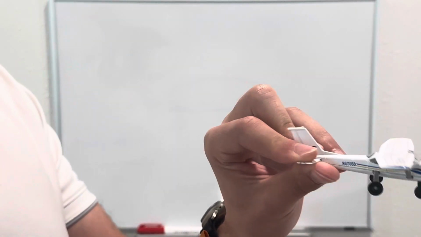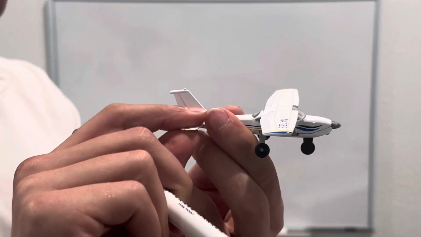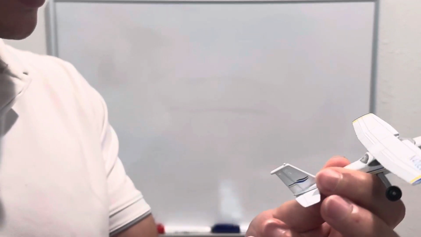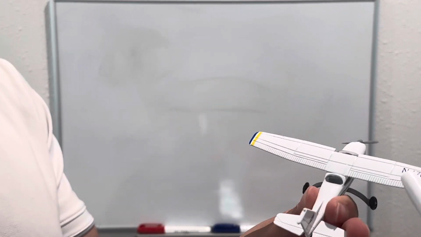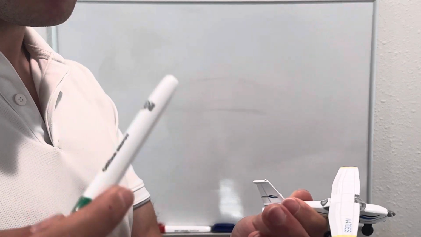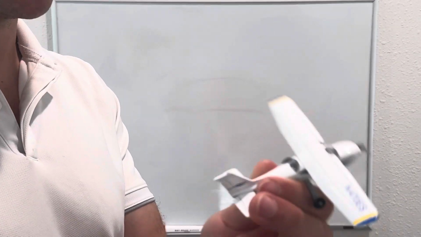And when we're slow and heavy with a high angle of attack, we're going to have big wingtip vortices coming off the edge. So we can talk about wingtip vortices and how to avoid those, which is a section in the principles of flight.